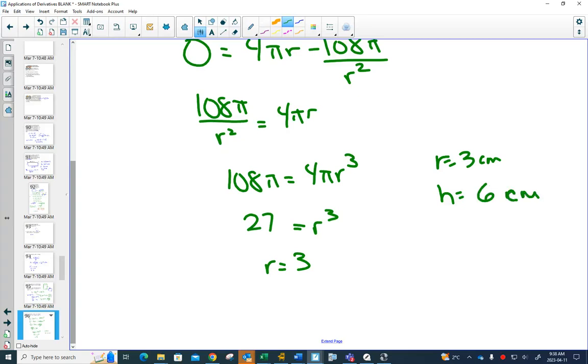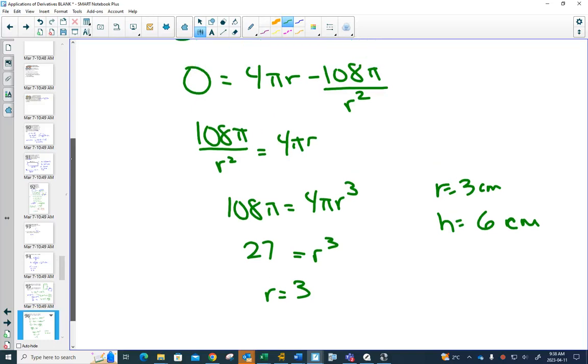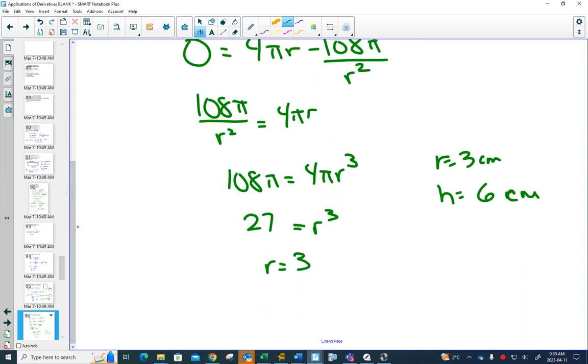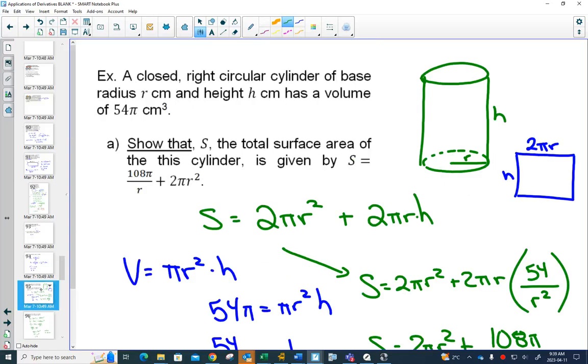And did it ask us to find the surface area? Find the radius and height, which makes the surface area minimum. Didn't ask us to actually find the surface area. That's the minimum, so I'm okay with leaving that. But the reason I find this question so realistic to life is we could change this to an actual number.